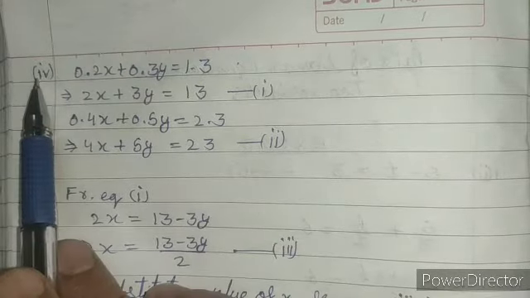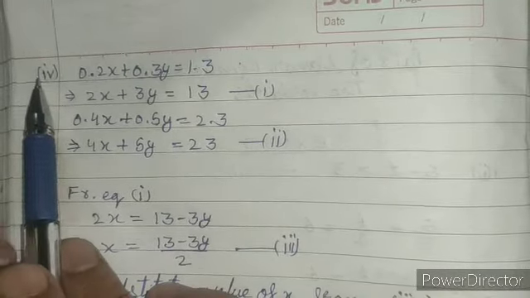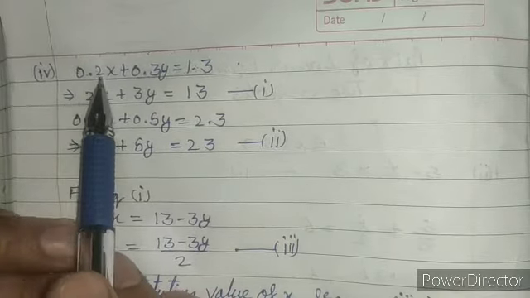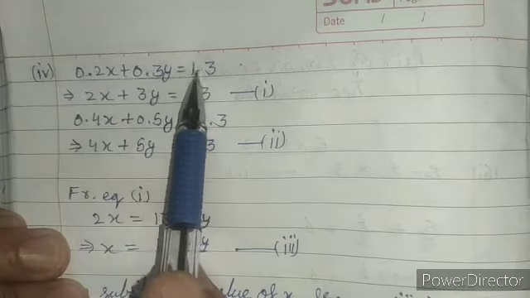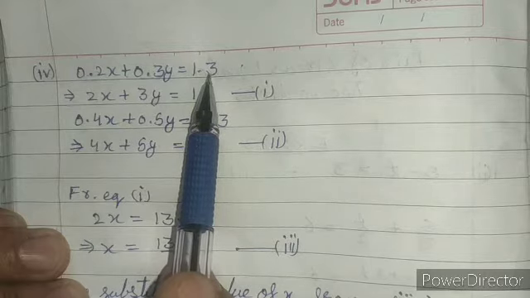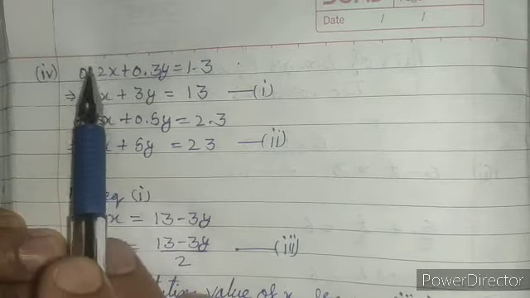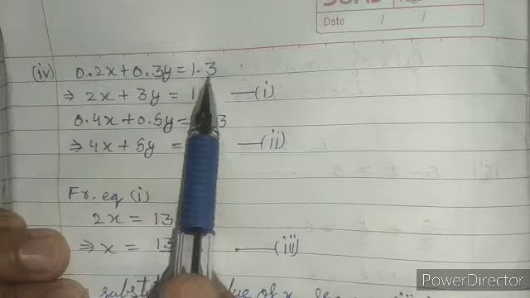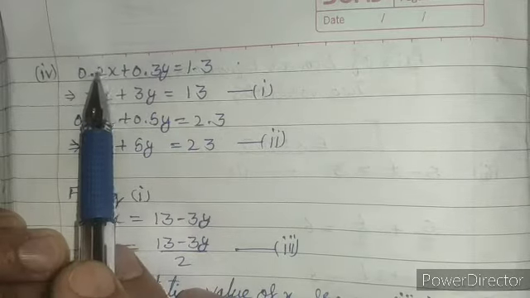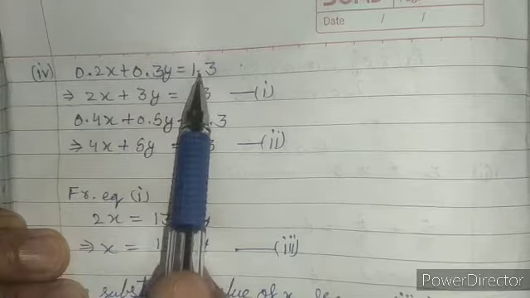Now come to the fourth part of question number first, that was 0.2x plus 0.3y equal to 1.3. This was our first equation. As we see here, in the coefficient of x, the coefficient of y, and the constant term, there is one digit after the decimal.